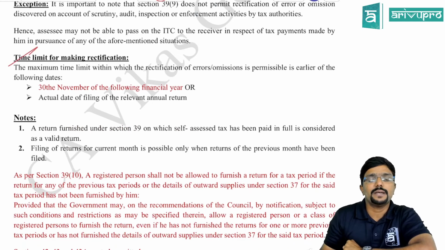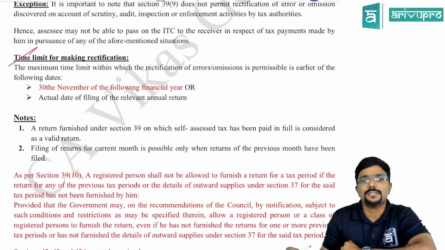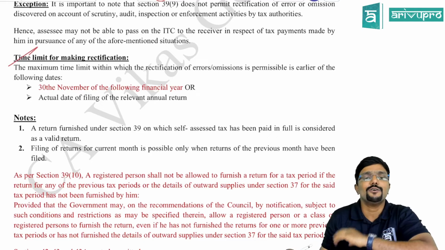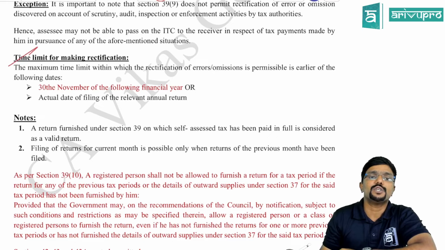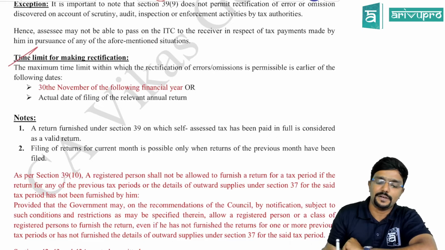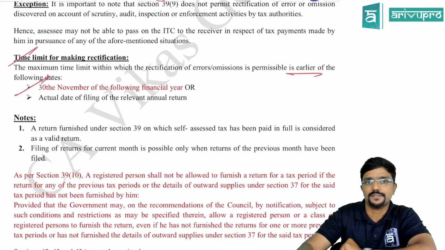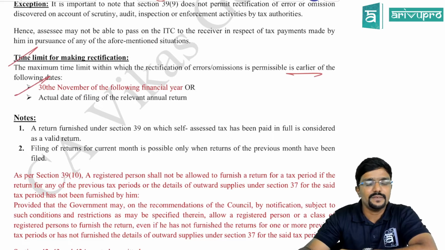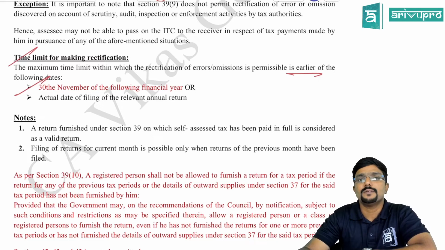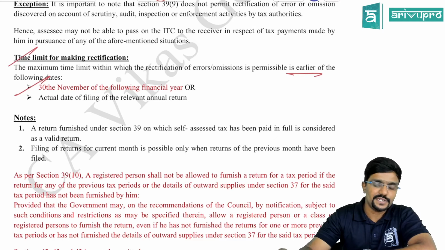The maximum time limit within which the rectification of errors or omission is permissible is the earlier of the following dates. What are those dates? 30th November of following financial year or actual date of filing the relevant annual return, whichever is earlier. So the change is with respect to this. Clear? Previously it was the due date to file the GSTR-3B or the return under section 39 for September month of next year. Now they have changed it.